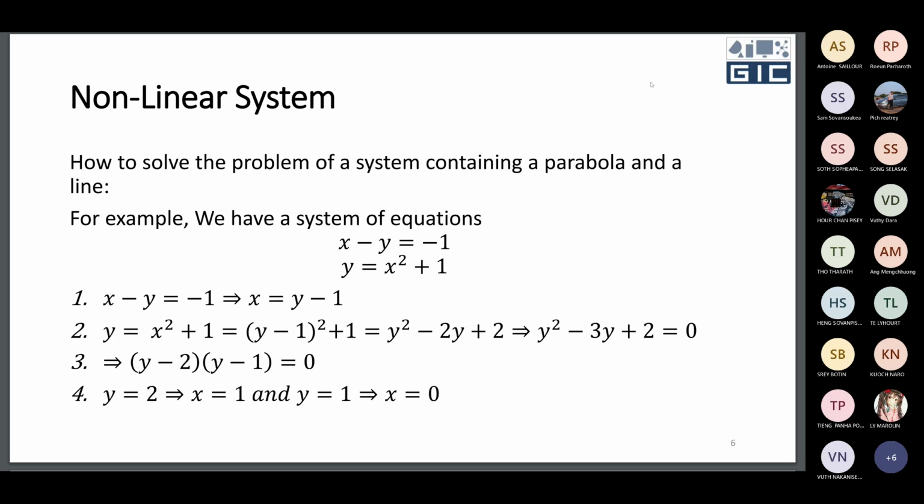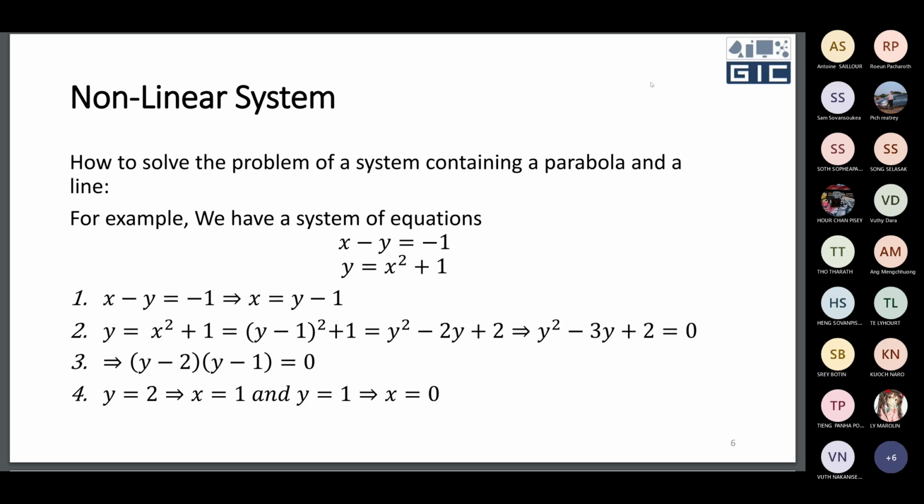This is a second degree equation. To calculate it, you can factorize, or you can use the discriminant, based on your technique. I just use factorization. y squared minus 3y plus 2 equal to 0 gives y minus 2 multiplied by y minus 1. So I get the roots y equal to 2 and y equal to 1.